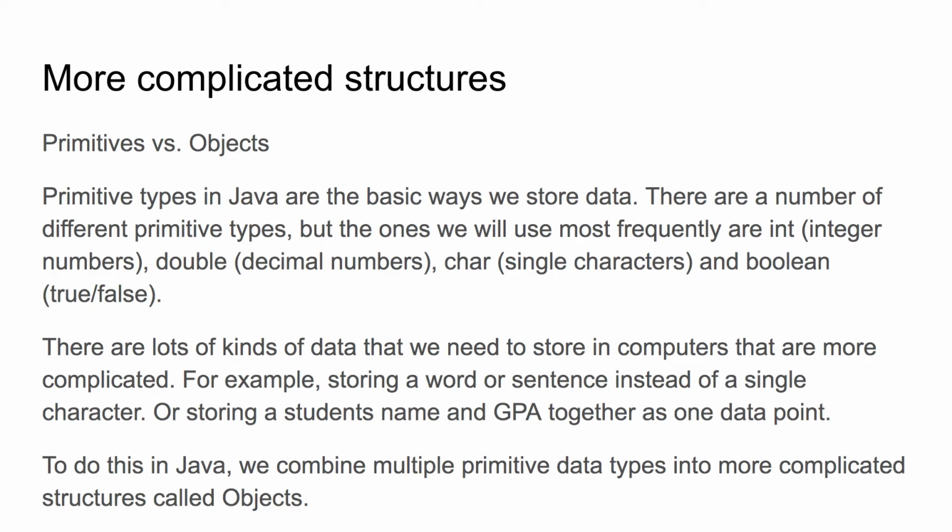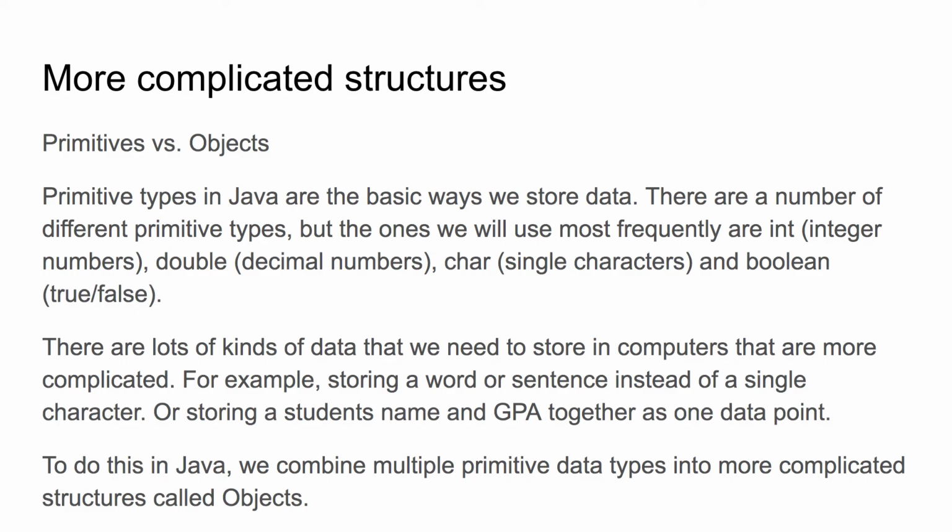So in Java, what we're doing with objects is we'll say, okay, maybe a student is a kind of object, and that student has a name and a GPA and a student ID number. And the name is a string, which is actually a collection of characters, and the GPA is a double precision floating point primitive type.